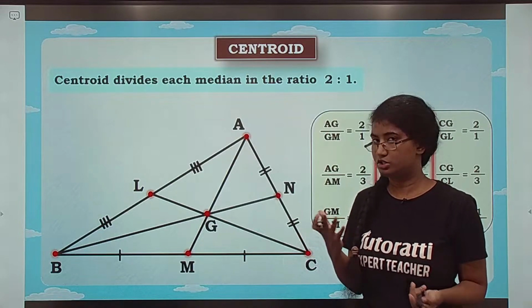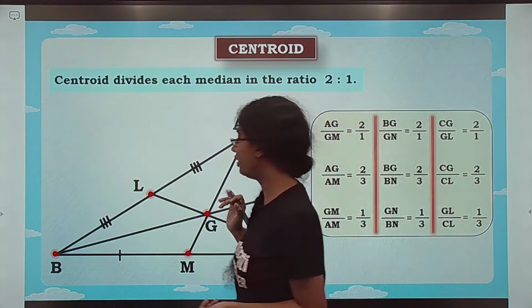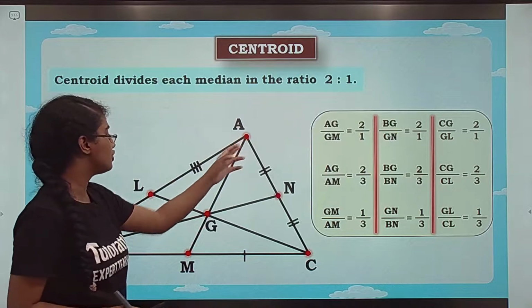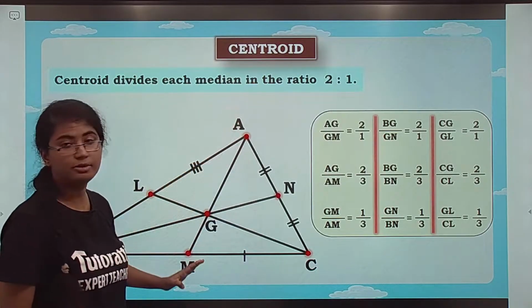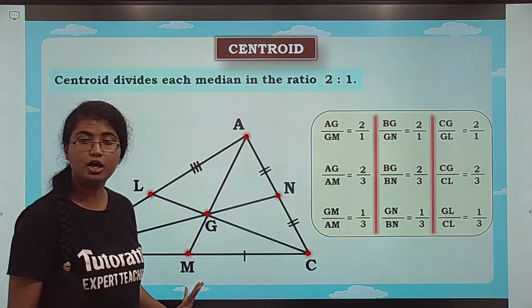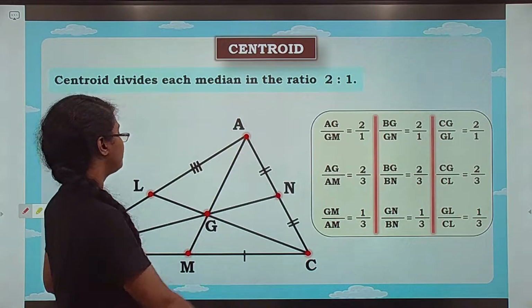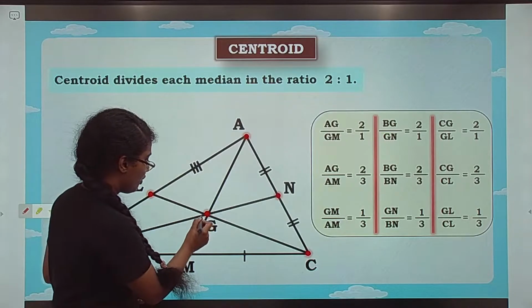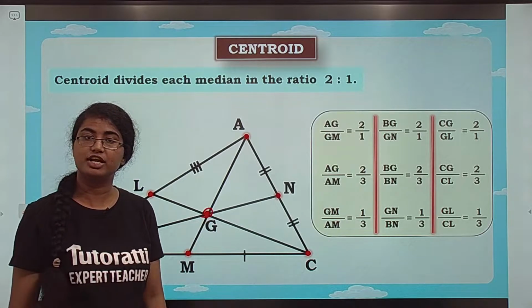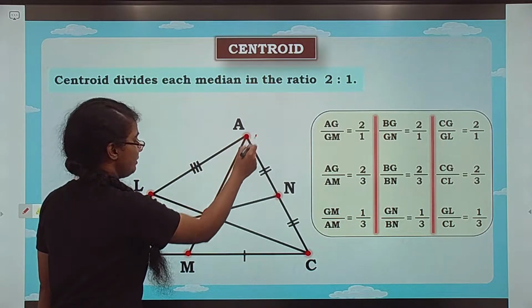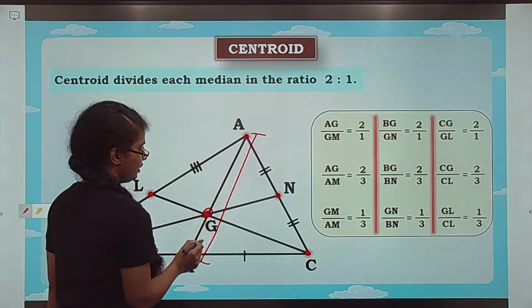क्या हुआ? कुछ समझ में नहीं आया. Let us go back to the figure. Now this is a figure. Triangle ABC. AM is the median. ये हुआ हमारा centroid, right? G is your centroid. So this entire median AM is divided in 2 parts here.